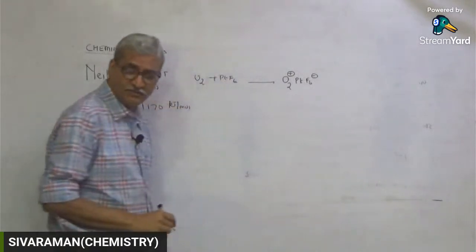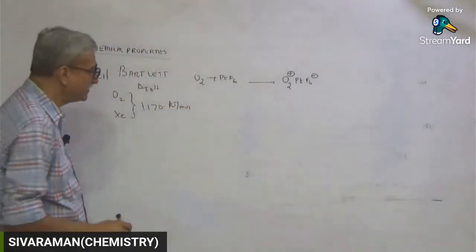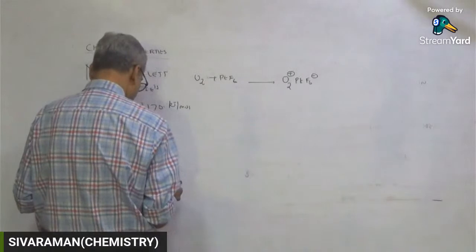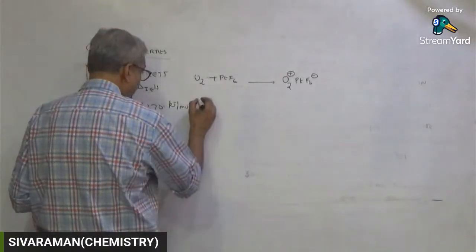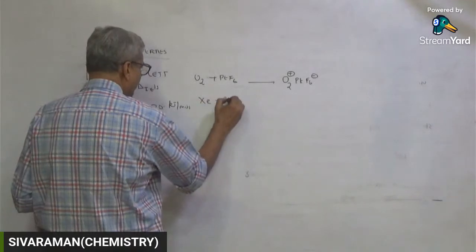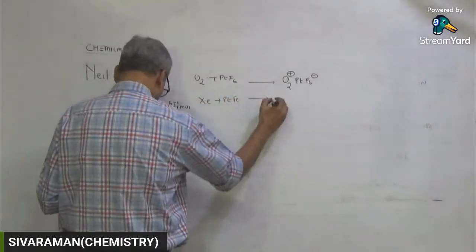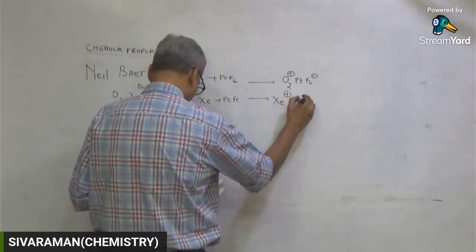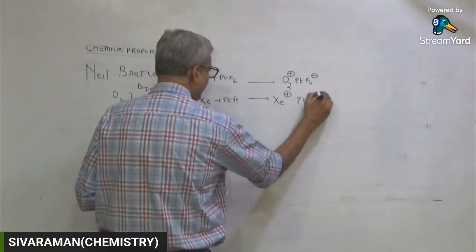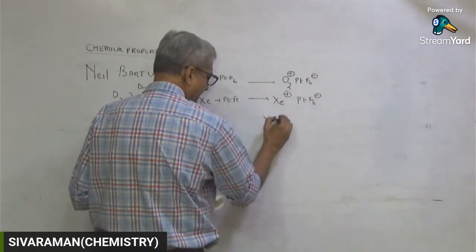So he thought, why not try with xenon, which has the same ionization enthalpy? He reacted xenon with PtF6, and he got a compound Xe+ PtF6-.